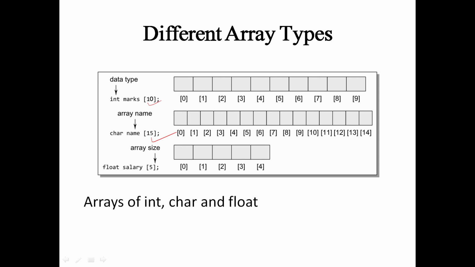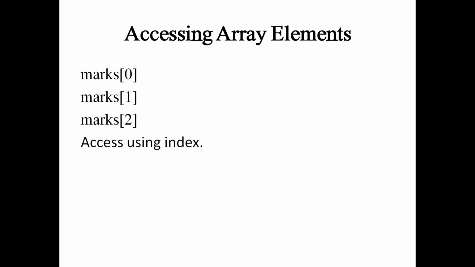Only the type changes. The concept remains the same. Okay, consecutive memory locations and same data elements, and all of them together will be called with one common name. So the rules are the same, only the data types differ. Any data type can be used for an array.